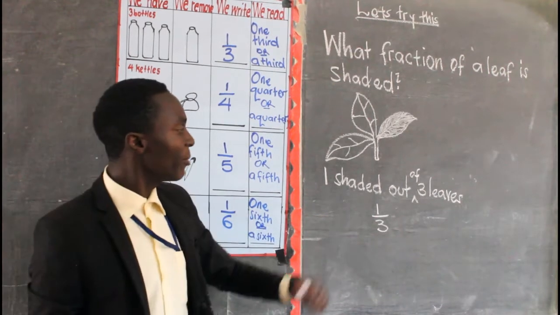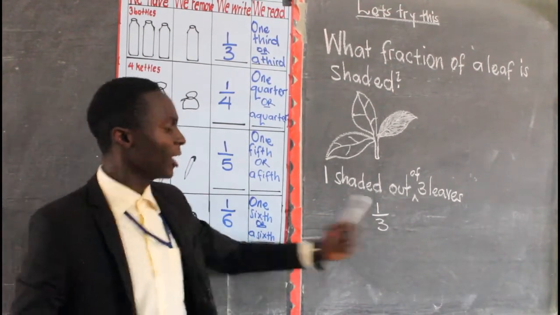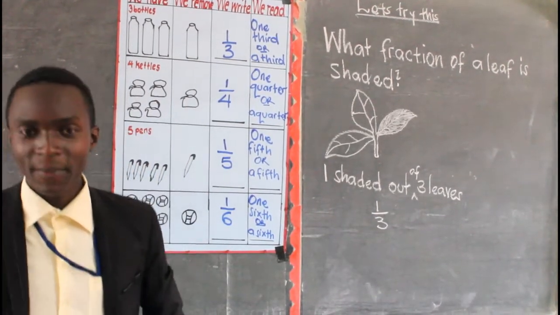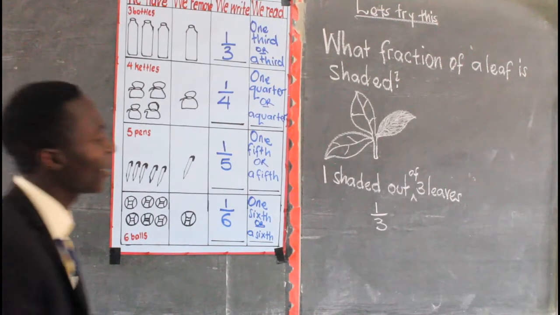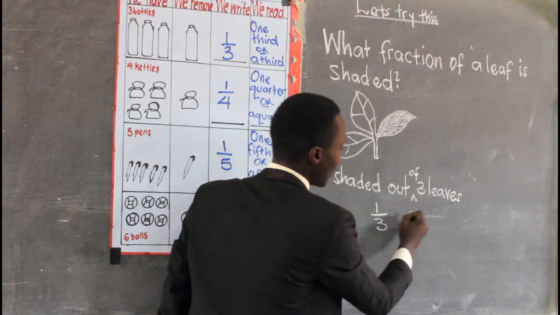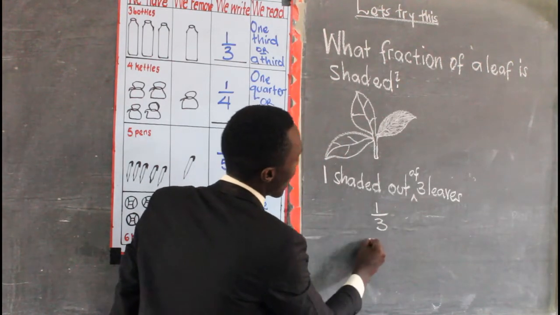How are you going to name this fraction? How can we read this fraction? 1 out of 3. Remember, in our example, we say 1 out of 3. We can read this one as a third.